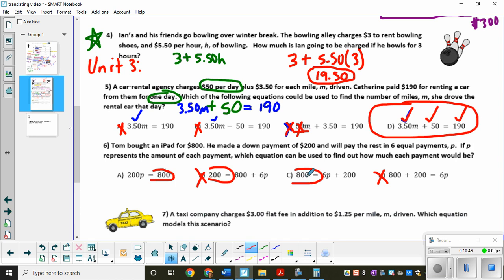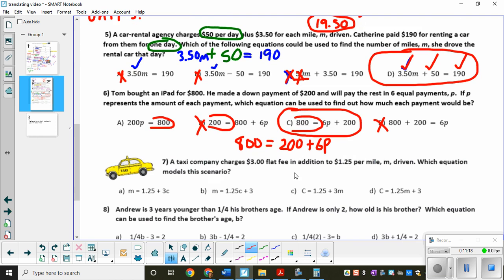He made a down payment of 200, so again, the total is going to include the 200 that you paid in the store, the down payment. And then he's going to pay the rest in 6 equal payments. So answer choice C is the one we're looking for. It shows the 6 equal payments plus the $200 down payment is the 800 total for the iPad.